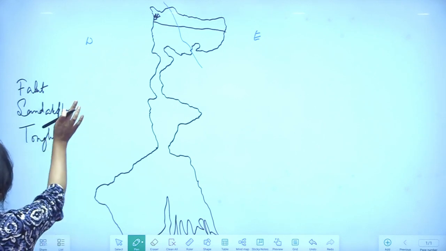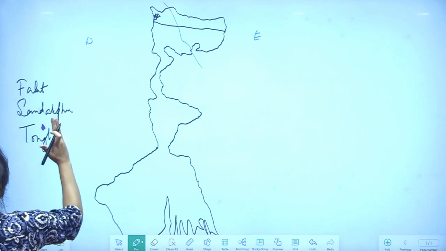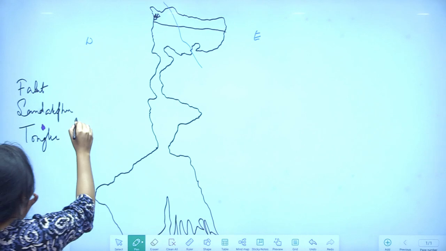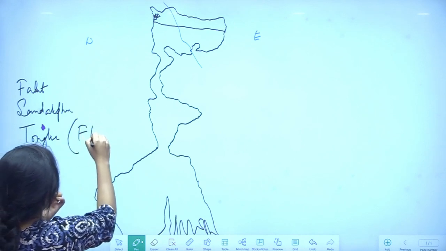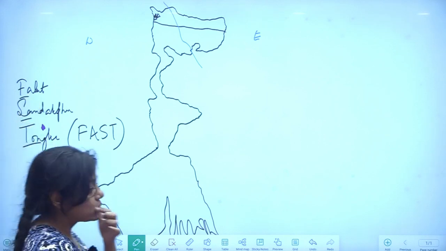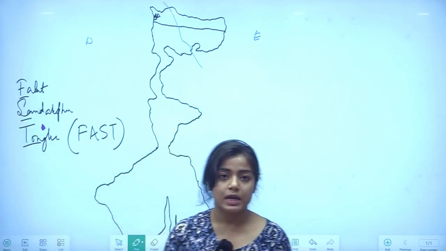So Falut, Sandakphu and Tonglu. You see here the short form for this is FAST, F-S-T. So this is the sequence from north to south.